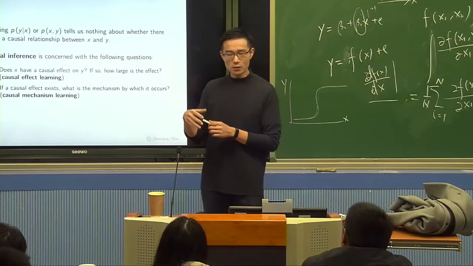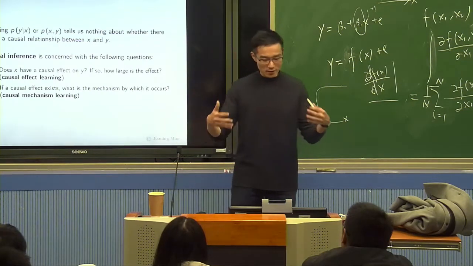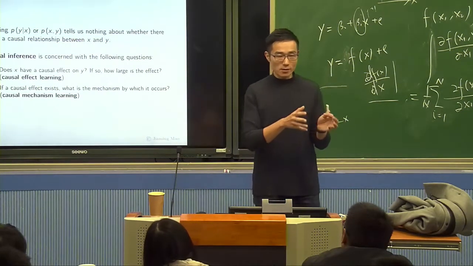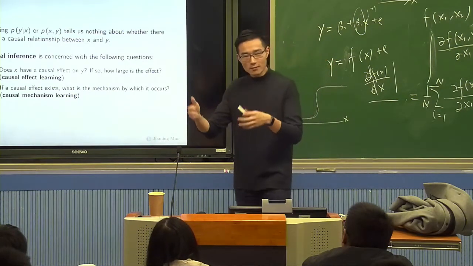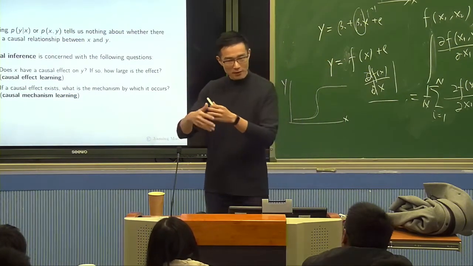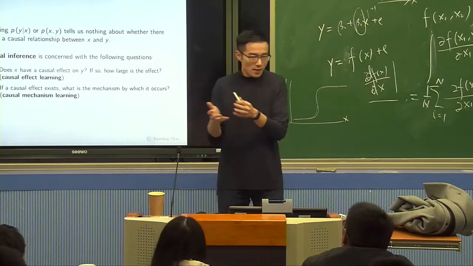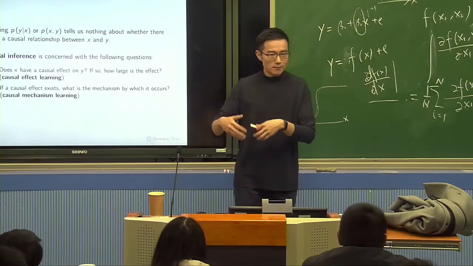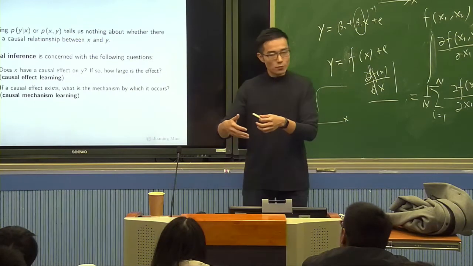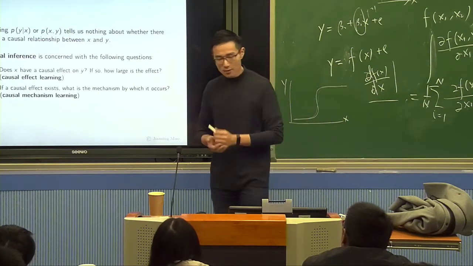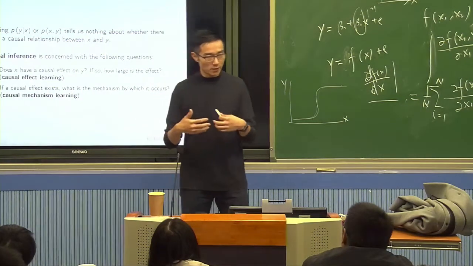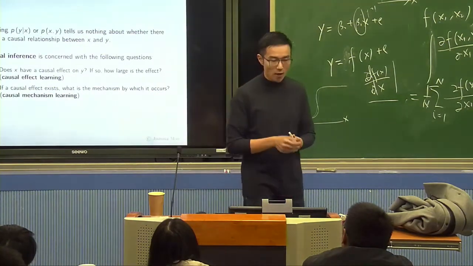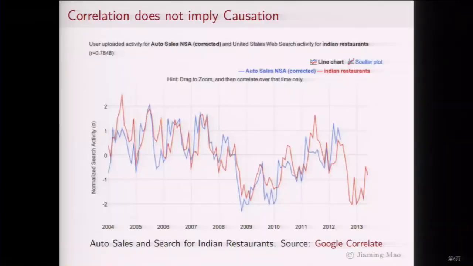Oftentimes, theorists, people who specialize in drawing up theory, try to come up with theory about the underlying mechanism, and then of course you can test those mechanisms by taking them to data. But we don't really have a way of automatically discovering mechanisms from data. So causal mechanism learning is harder than causal effect learning.